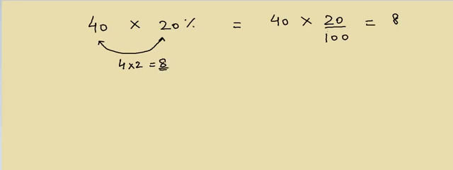But then we are worried about the zeros, because we have to cancel out all the zeros. But just think about it. If you have 8, it could be 80, it could be 8, or it could be 0.8.